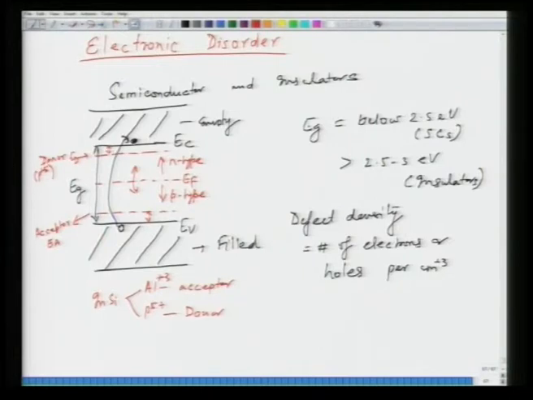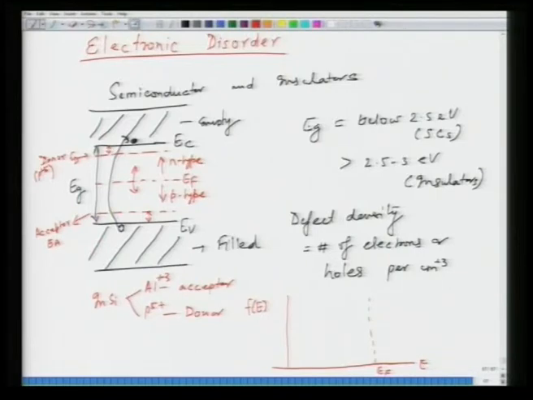And the Fermi energy is an energy, so you know what Fermi energy is. So when you plot, for example, so this is, let us say, EF, this is E versus Fe.